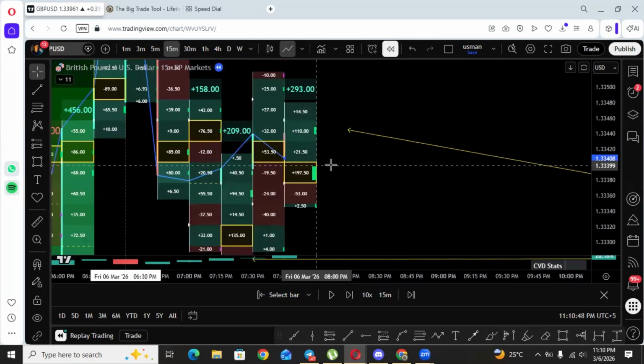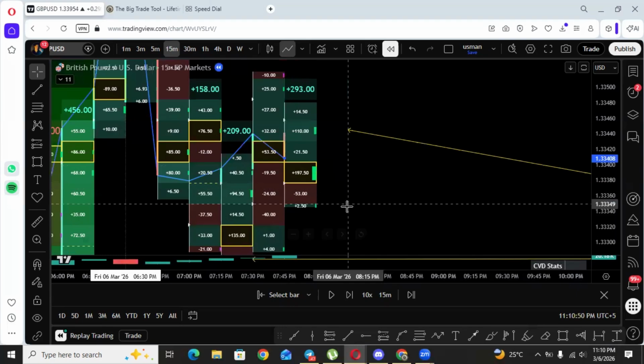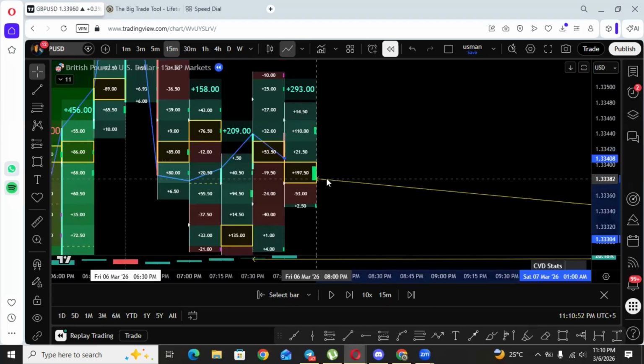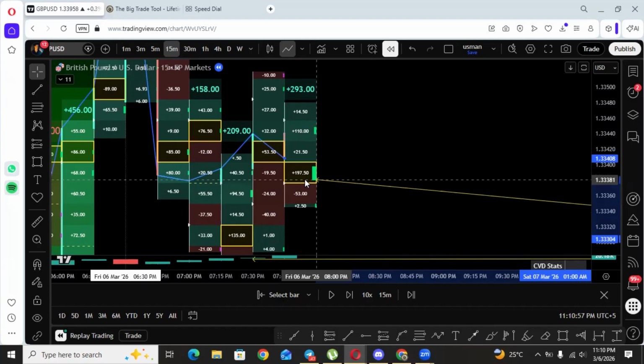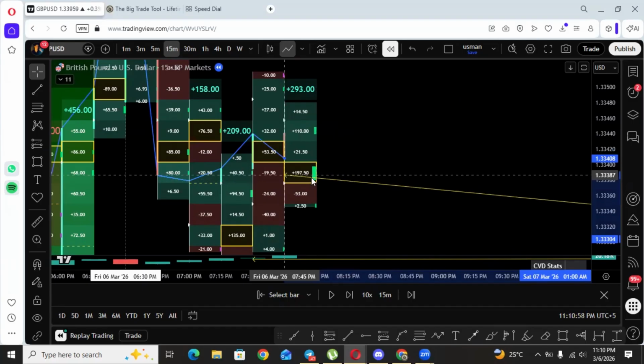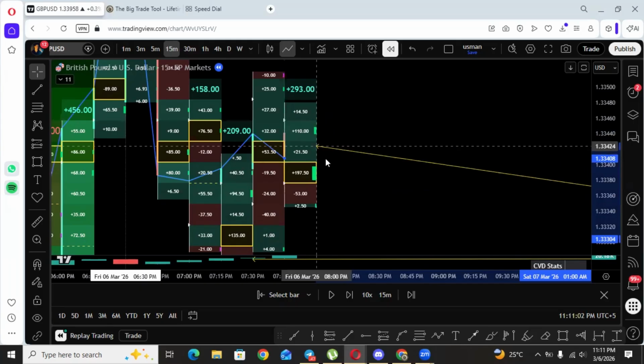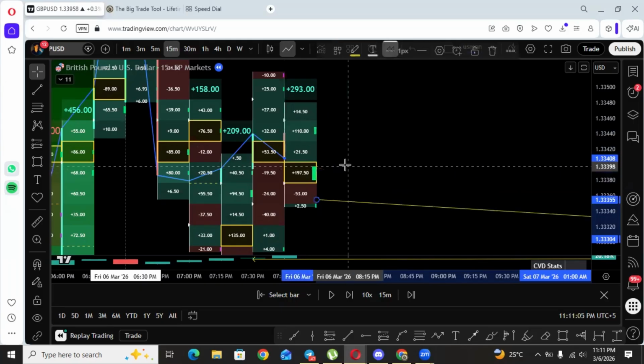So what is at this point? You can see we have only one selling imbalance, minus 53. What you can see here is the buying imbalance, plus 195, 197. All these are buying imbalances.